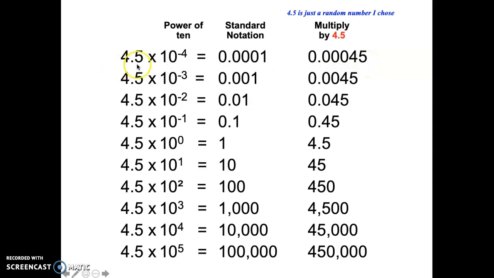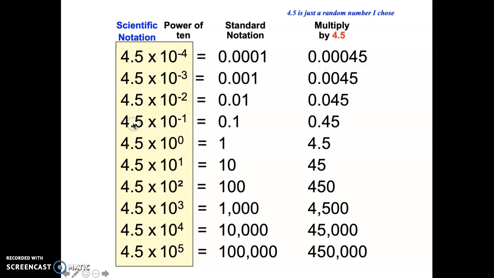The thing I want you to notice about your scientific notation here is this factor out front, that A. This number has to be greater than or equal to 1, but at the same time less than 10. That's just the rule. And 4.5 is between 1 and 10, so it fits the rule.